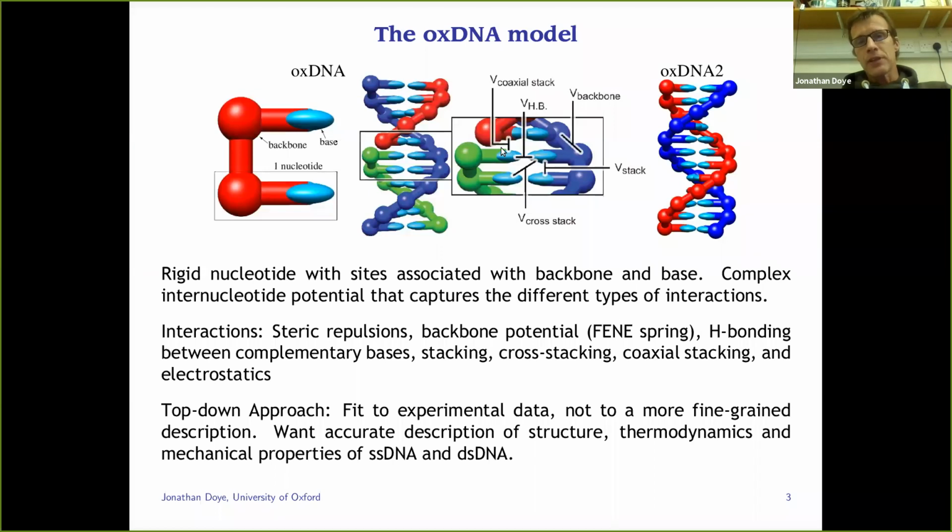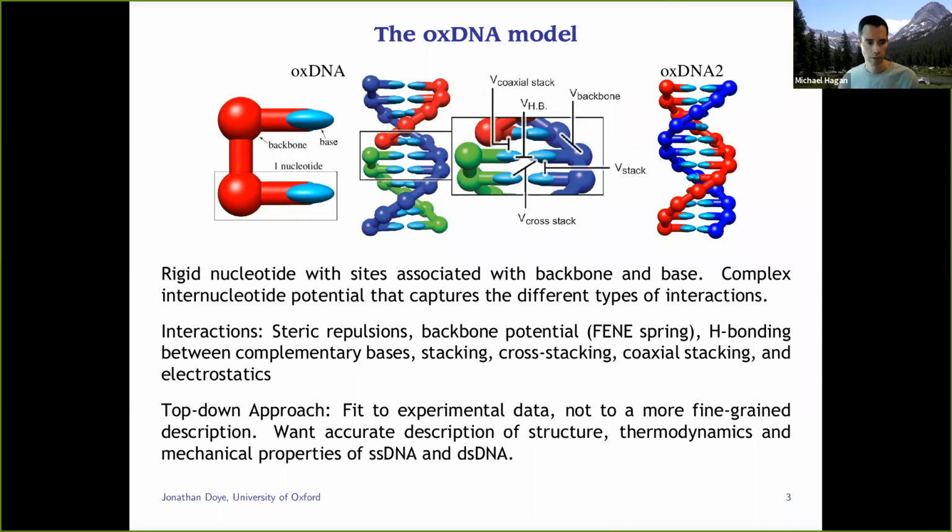But for the coaxial stacking interaction there has been less data, and the value for its strength that we use in the model, at the time when we created the oxDNA2 model, was a balance between fitting to two sets of data which seemed to be not consistent with each other, at least as we modeled them and tried to capture in the model. And so we had to choose an intermediate value, which is probably actually too low for some things.